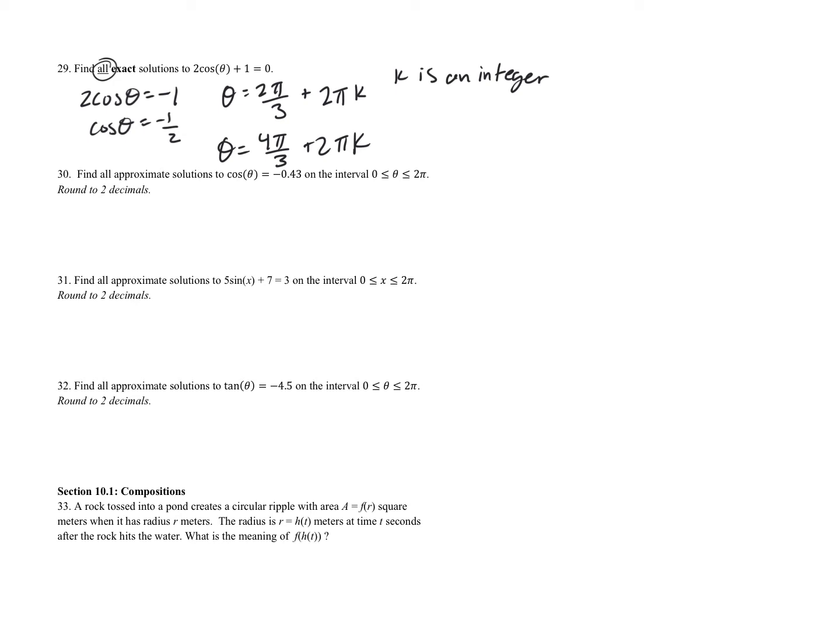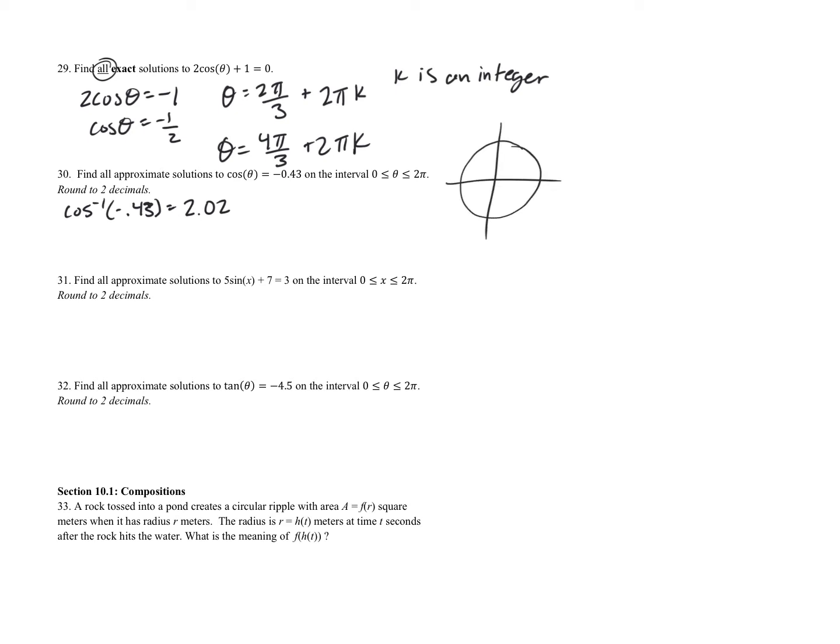All right, next we want to find all of the approximate solutions to cosine of theta equals negative 0.43. So that means we're going to have arc cosine of negative 0.43, and that's going to give us roughly 2.02. And so let's think about the circle again.